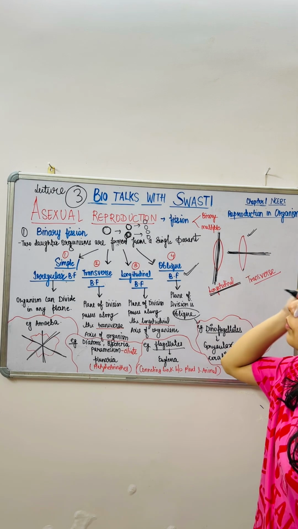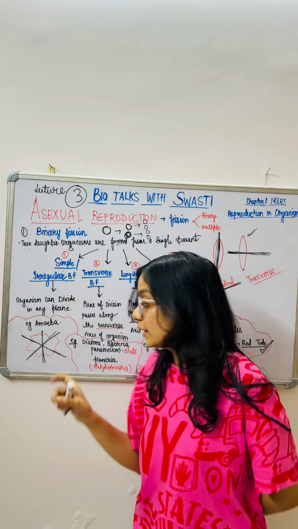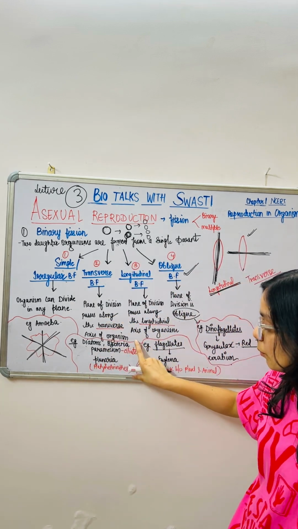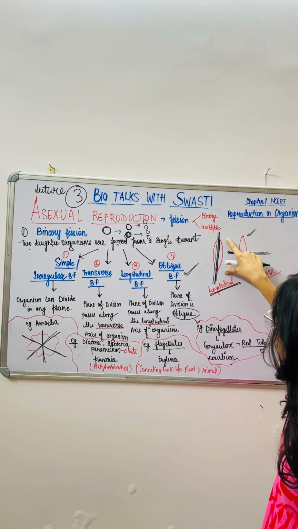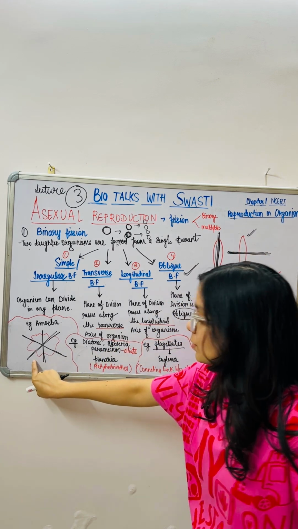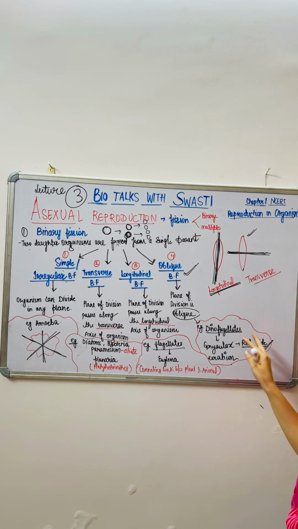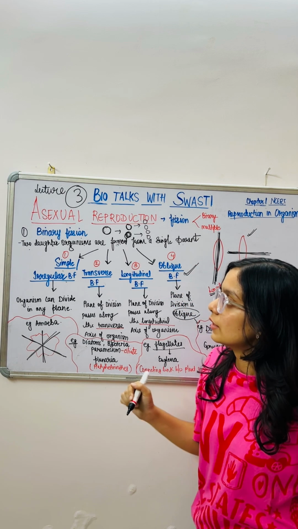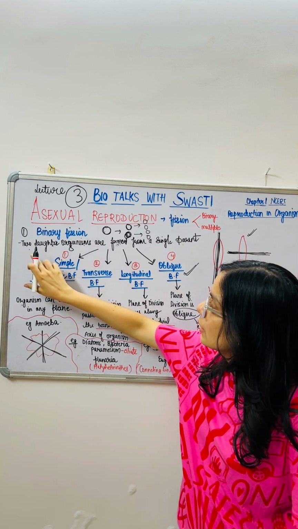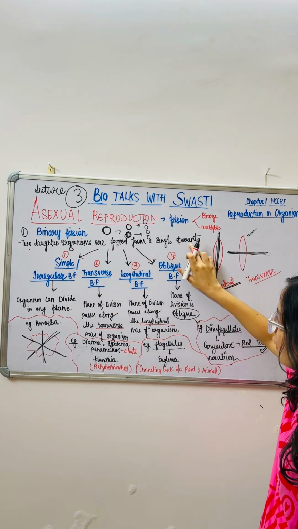Now you may find it difficult. What you may find difficult in this is the examples, but this is very important. If you remember these diagrams, it will be very easy for you to remember all of these things. So I hope you got my point, that binary fission is when two daughter organisms are formed from a single parent, okay?